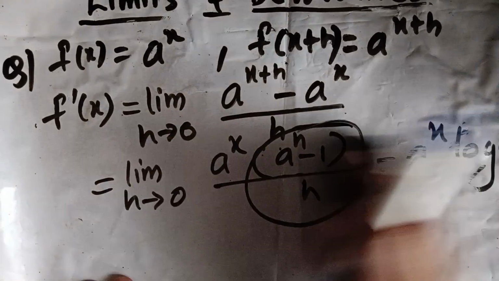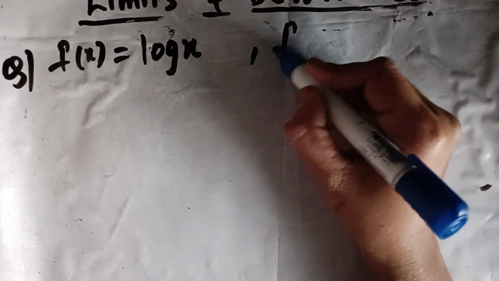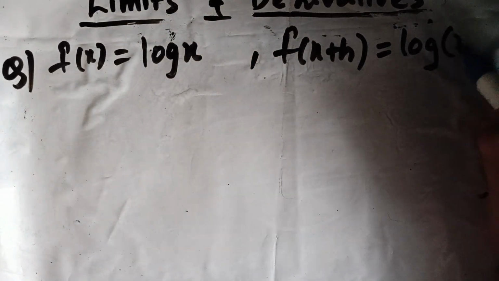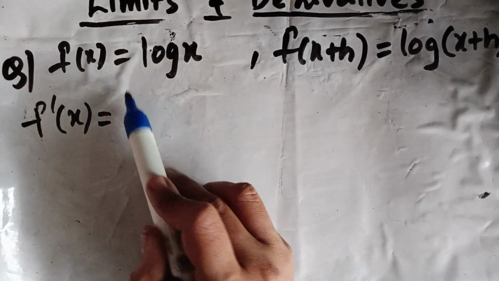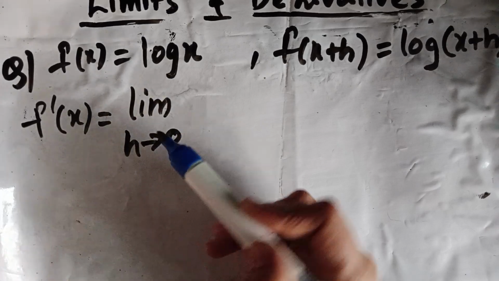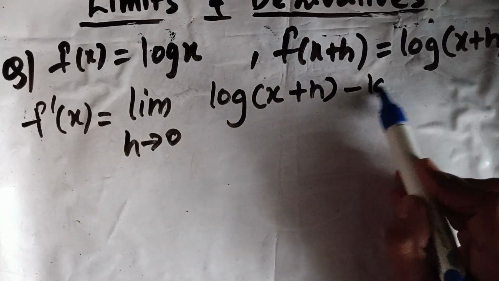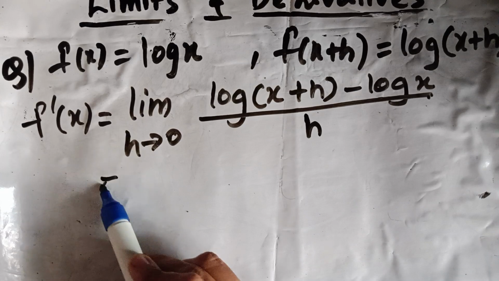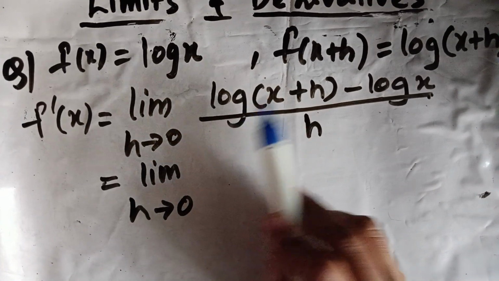Let's find out for log x. So this is log a minus log b.